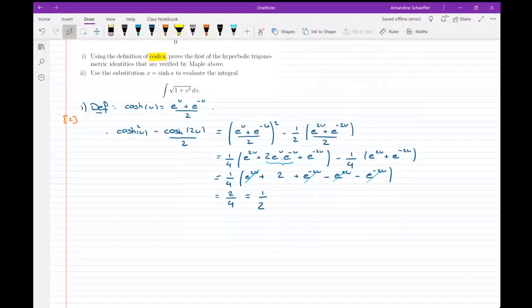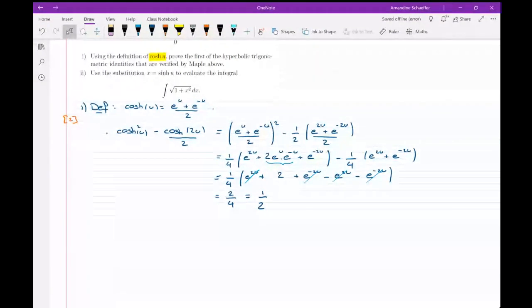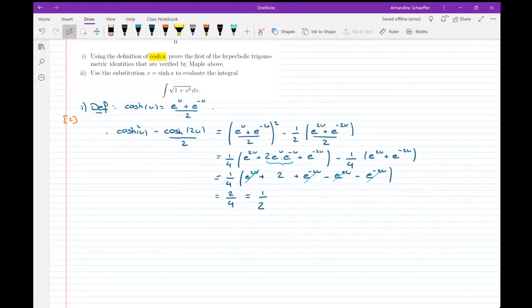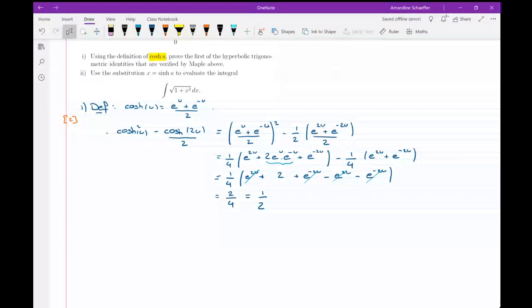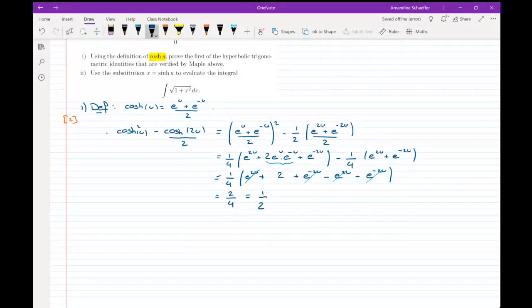Oh, I have one person who thinks they would have 100%. That's nice. But for all the other ones, if you don't think you'll get to the end, try to identify the questions you are the most comfortable with for the exam. For example, this one was pretty easy. It's an easy way to get 2 marks. Okay, so next one.